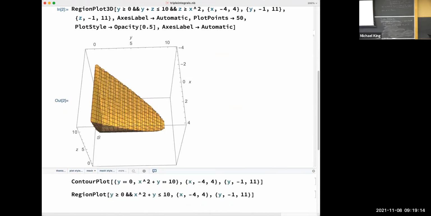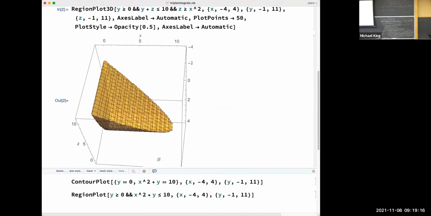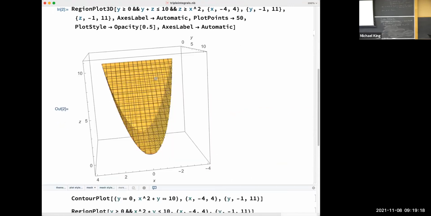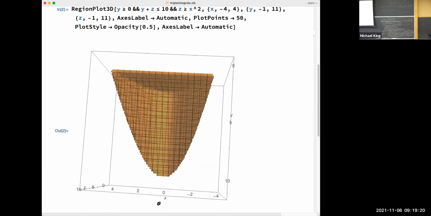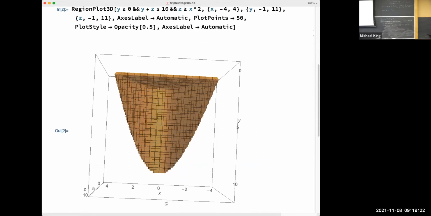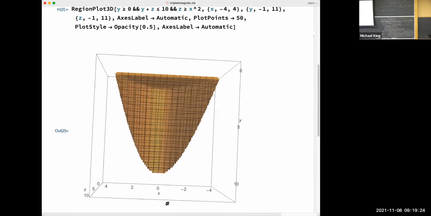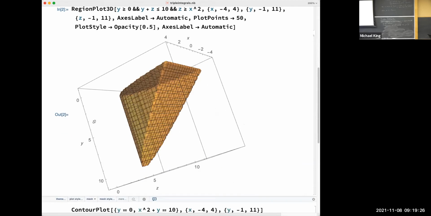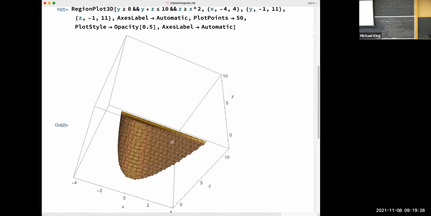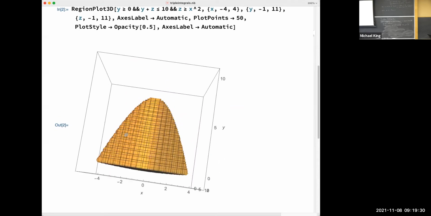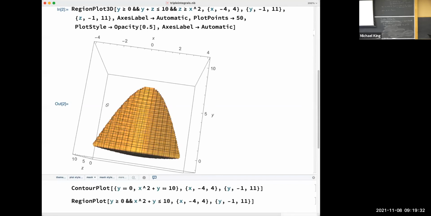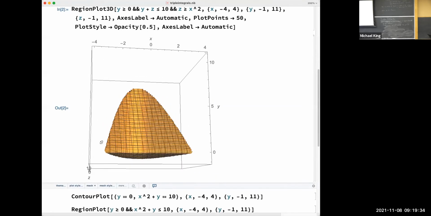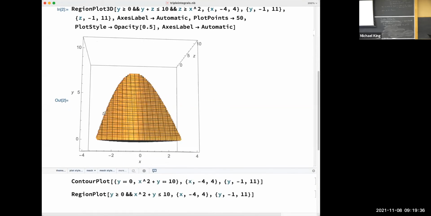I think I have X and Y switched. If I want to look directly from above, wait, something is wrong. I have Y pointing downward now. I'm trying to look at the axes on this side of the screen. Okay, so X is from -4 to 4, and Y is from 0 to 10.